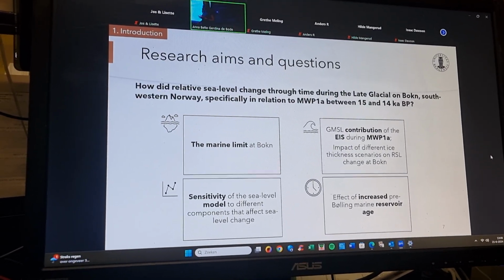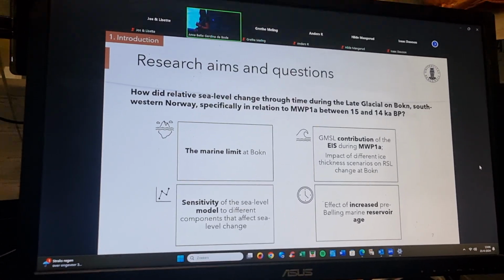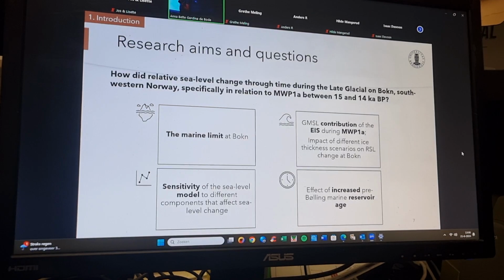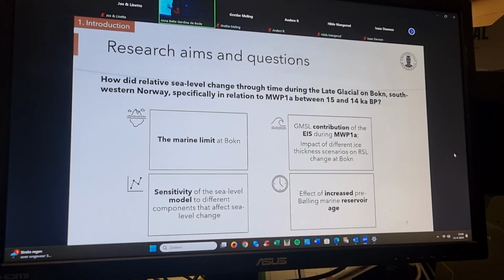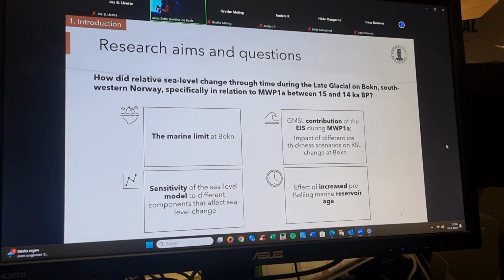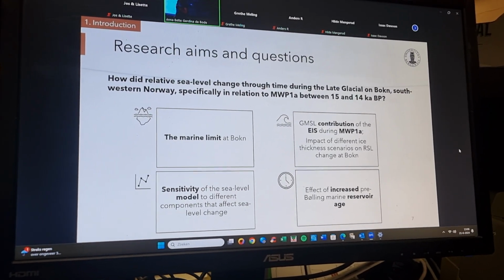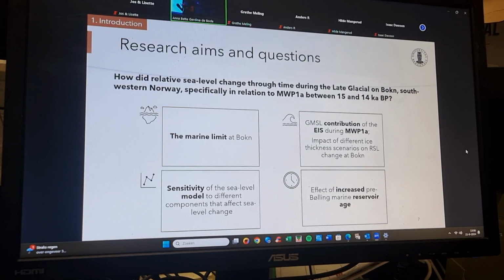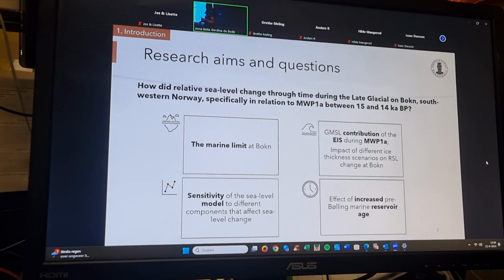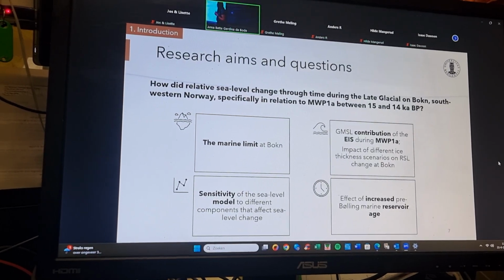This is a very highly debated topic, and it is elusive so far, so we want to investigate this, and then I want to zoom in on Bømlo after that and look at the impact of different ice thickness scenarios of the Eurasian ice sheet and see how that reflects locally on sea level at Bømlo.